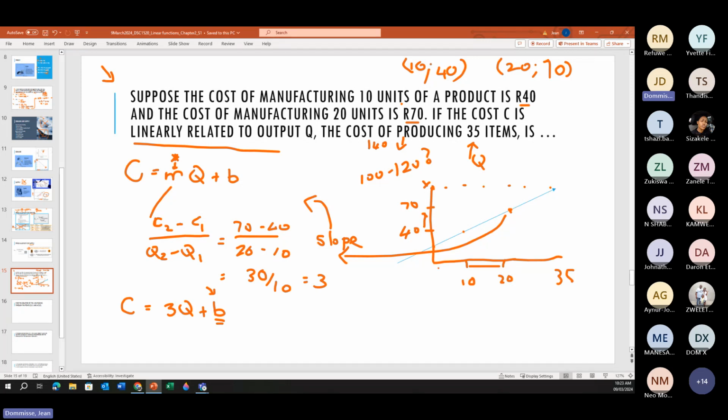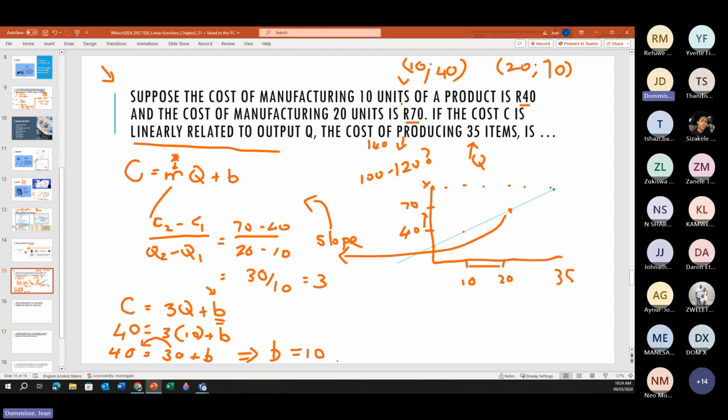The easiest way to work out B, because we know it's a straight line, is to use any of those 2 points. Let's use that point: 3 times 10 plus B, and we know that the value of C is 40. So 40 is equal to 30 plus B. If we take that 30 over to the left-hand side, we get from that formula that B is equal to 10.